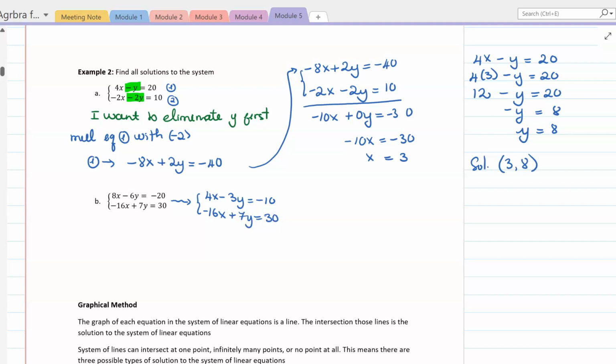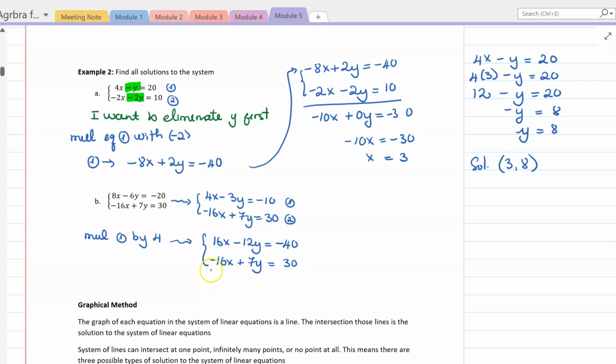What I'll do here is try to eliminate x by first multiplying equation 1 by 4. Then my system becomes 16x minus 12y equals negative 40 and negative 16x plus 7y equals 30.